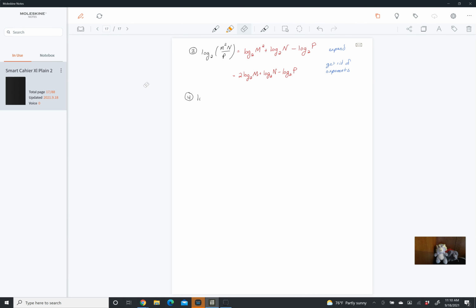So we have log base 3 of m to the 4th n over p squared q. Okay, there's a really short way to do this, and I'll show you that in a second, but in order to show you why the short way works, I have to show you the long way.